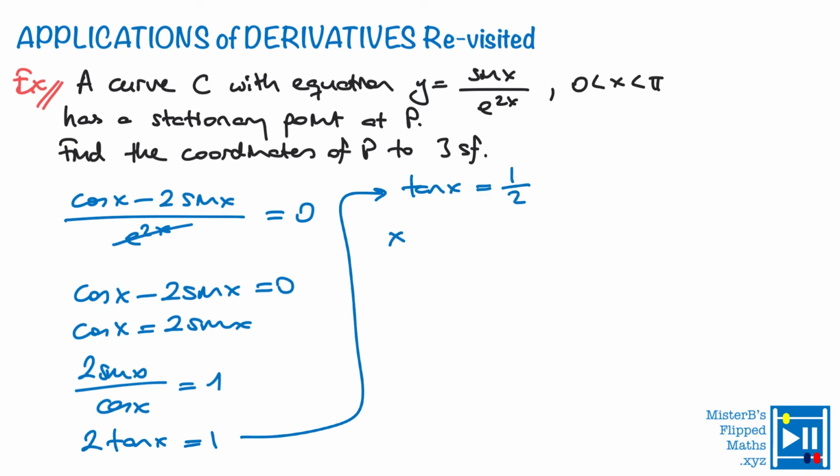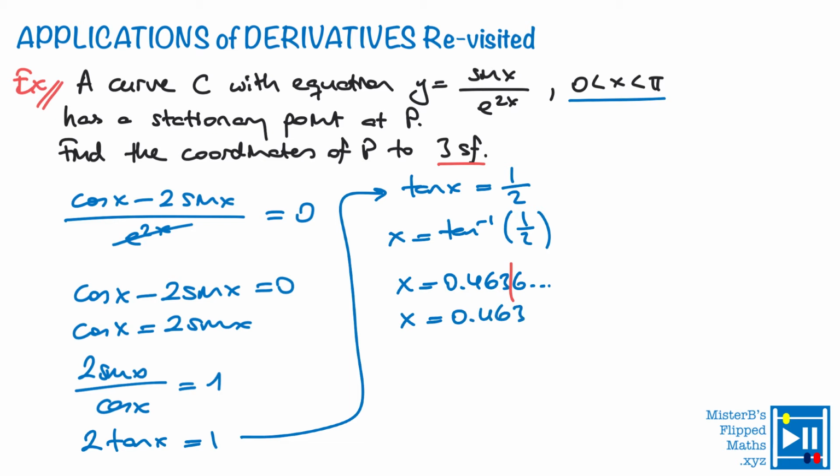Now I can write x equals, well, the interval is given in terms of radians, so I'm going to go with radians. Tangent inverse of 1 over 2, which will be 0.4636 and so on. It just says 3 significant figures, so I cut from here and write this as 0.463.